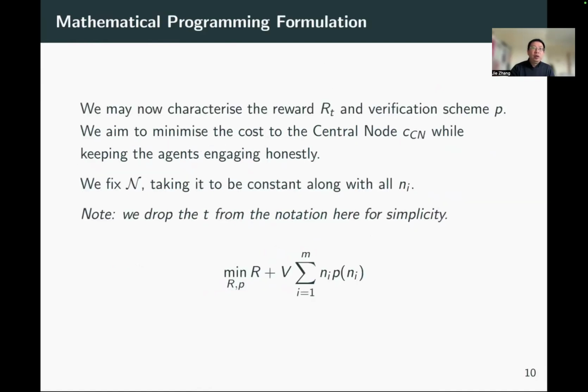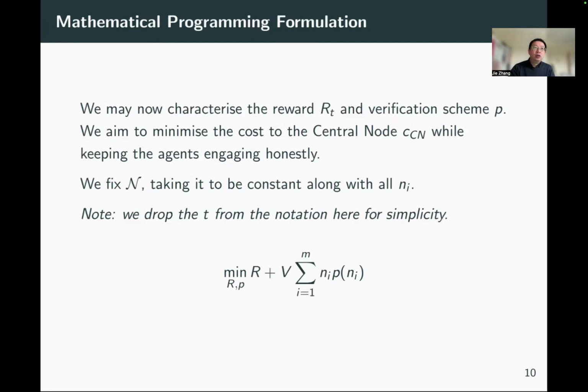So we are going to be able to try and find out our values R and P for our reward and verification schemes. So our goal is to minimize the cost of the central node while still keeping the agent acting honestly rather than as a free rider. So we fix the total amount of training data, big N. We assume that it is constant without loss of generality.